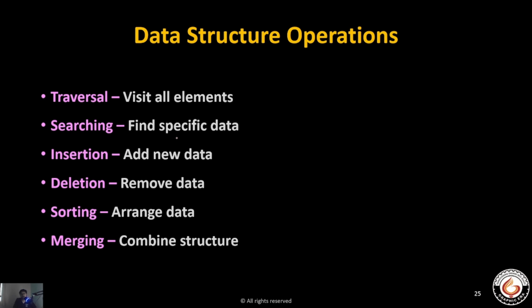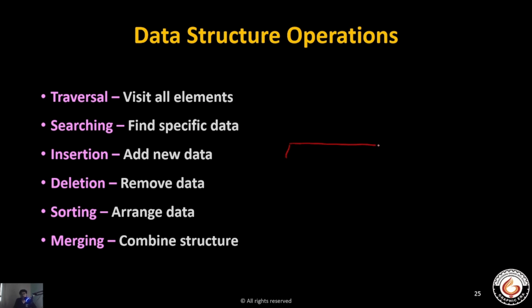Searching means finding a specific data element in an array. For example, this is an array 1, 2, 3, 4, with indexes 0, 1, 2, 3. So if you want to find the data element value 3, then it will be present at index 2. That's searching.